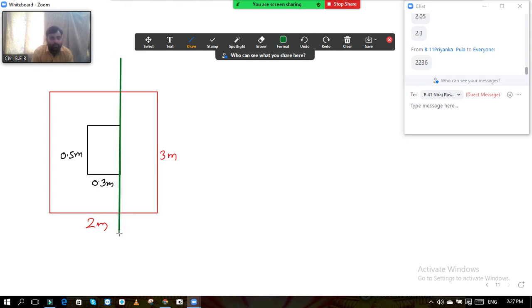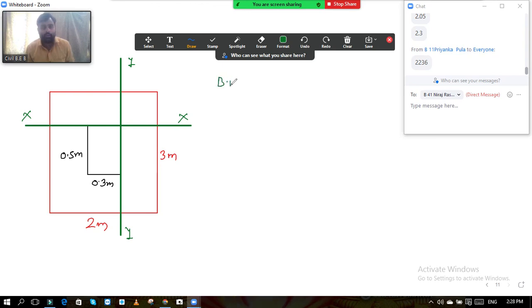This is the critical section YY, the vertical section. Similarly, this is the critical section XX. So we need to calculate the bending moment along section XX and along YY. How do we calculate the bending moment?